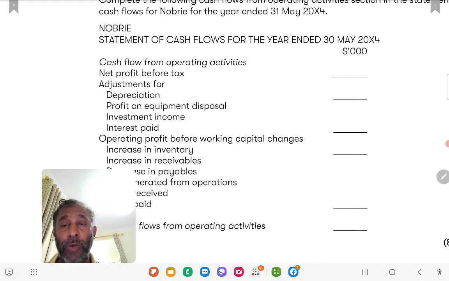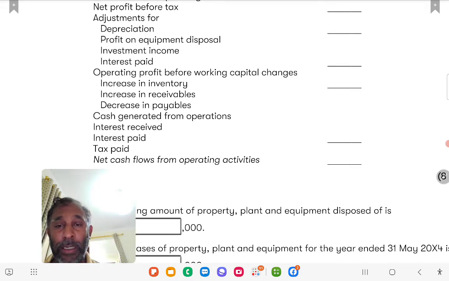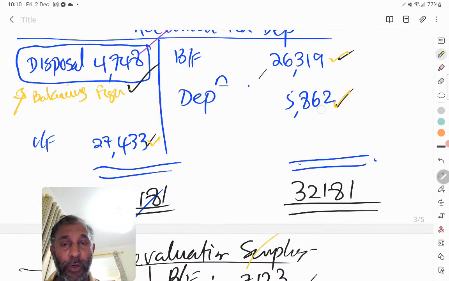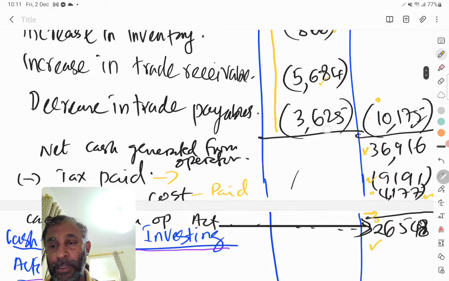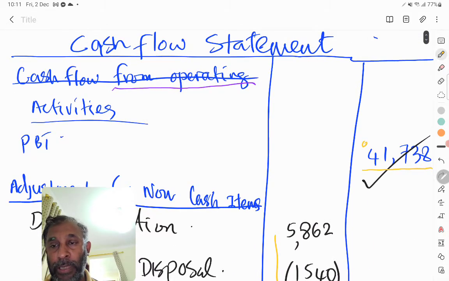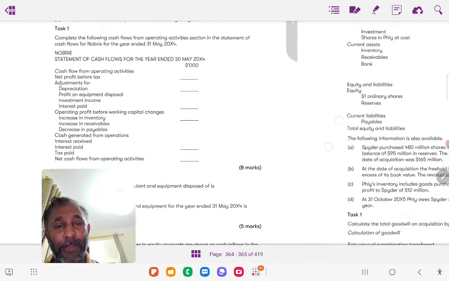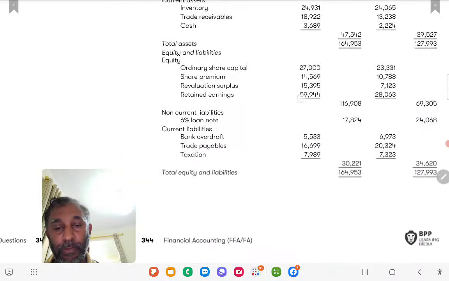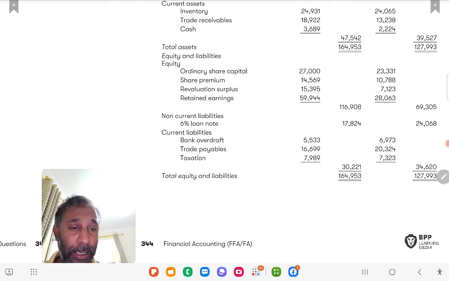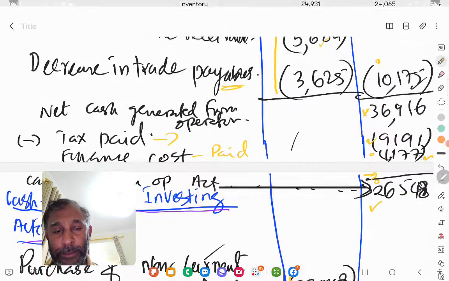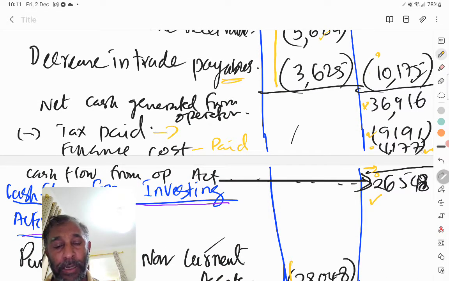They are asking you to work out the net profit before tax. We have done that. Depreciation, we got it. Profit on disposal, we got it. Investment income, we got it. Interest paid, we got it. Increase in inventory, we know. Increase in receivables, we know. Decrease in payables, we know. I forgot to talk about that: if you see the balance sheet, payables are actually a reduction, so it's a minus, and we have done that also.